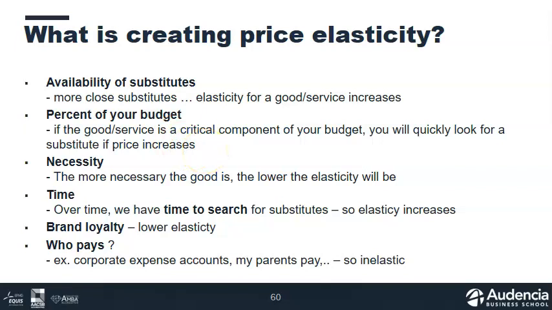Imagine rent is a large part of my budget and the price of it goes up by 10%. Well, I'm going to try to find a substitute very quickly. So I'll be much more reactive to a change in price if it's a large part of my budget. If I see that I have to spend more, I'll probably try to change. And so we see that it becomes more elastic.